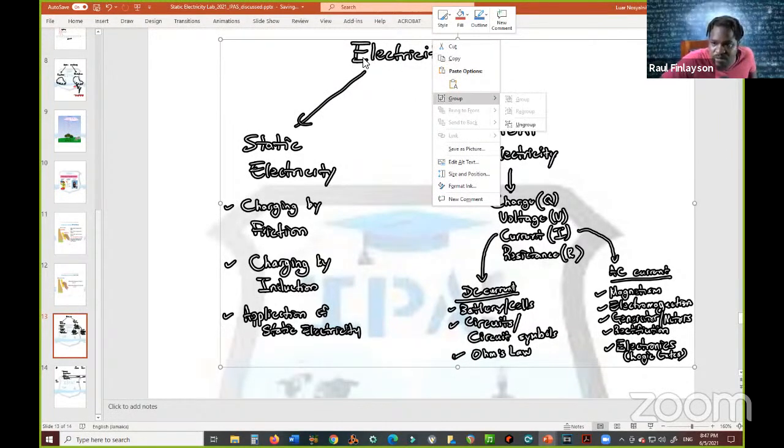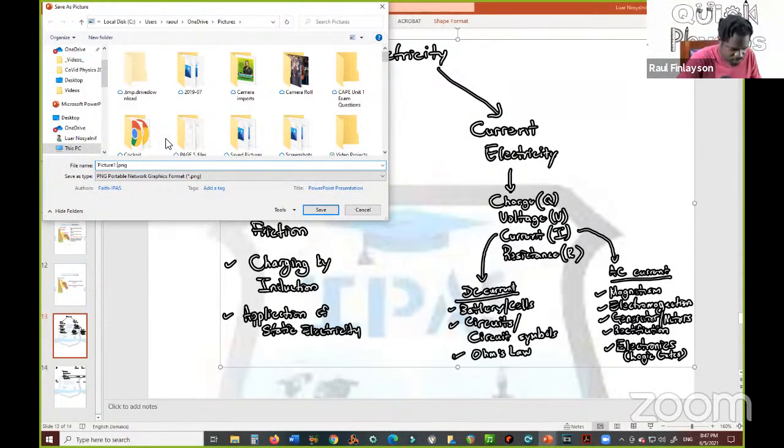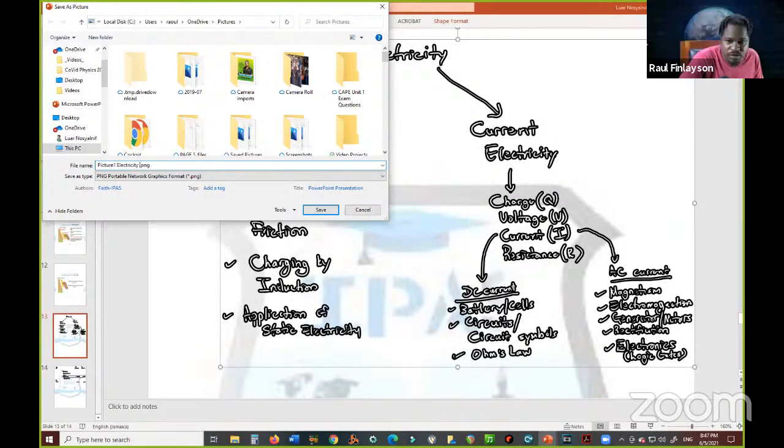Let me save as picture. I'm going to send this to you as well. It will probably help you to prepare for the exam. So this is the electricity topics.